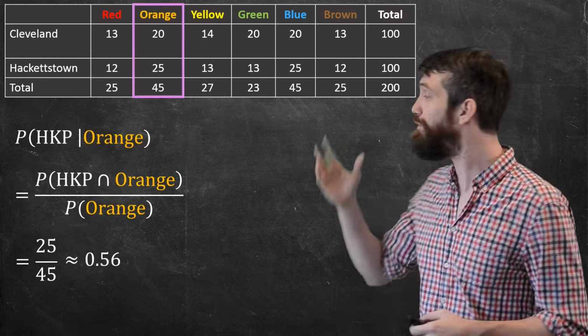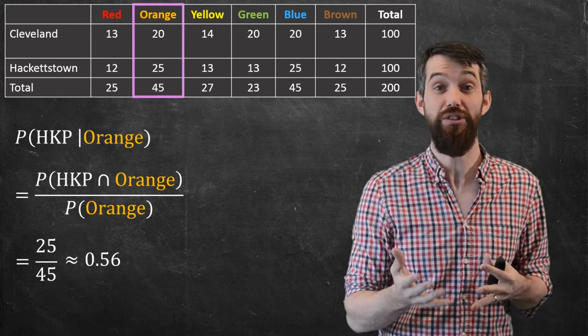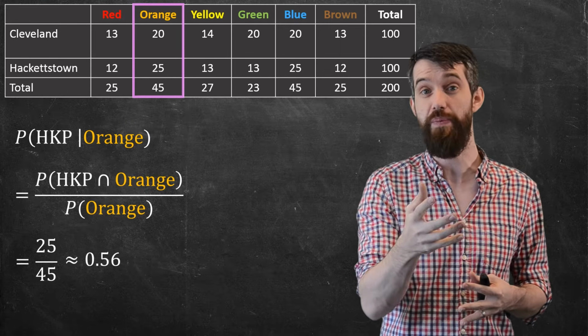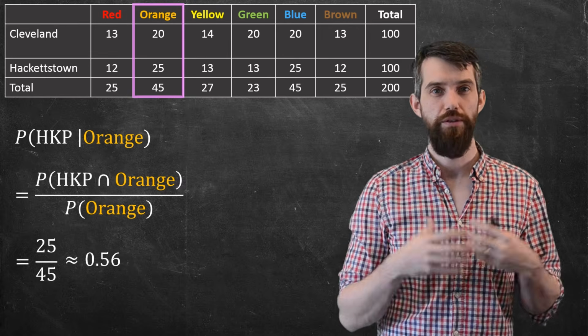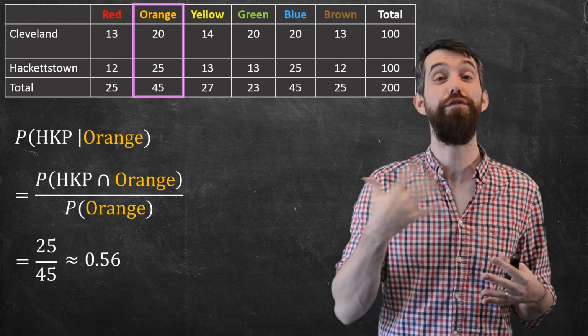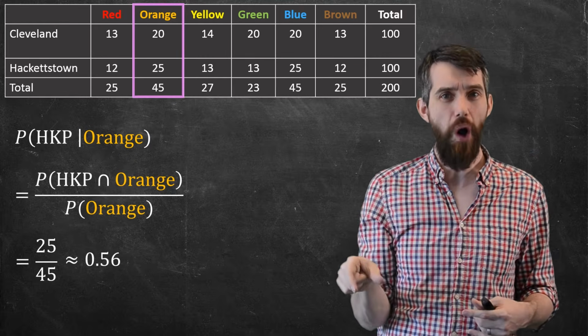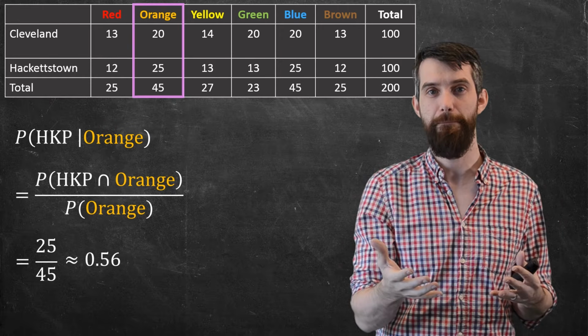If I just focus in on that orange column, then I can just say it's 25 divided by 45: 25 that come from Hackettstown and are orange, divided by the 45 orange in total. So when you do conditional probability from a table, it's just choose a particular row or choose a particular column, and then you can do a normal probability within that row or within that column.